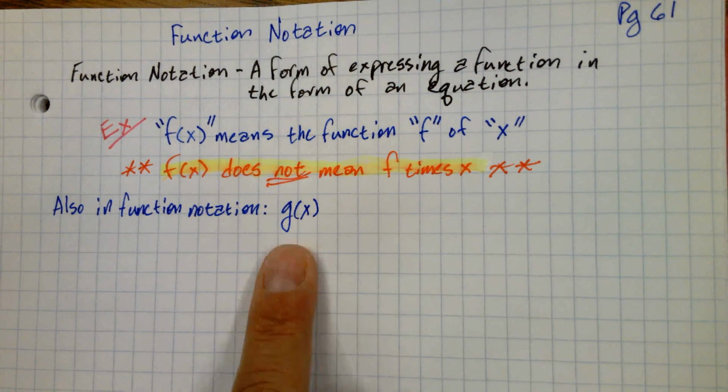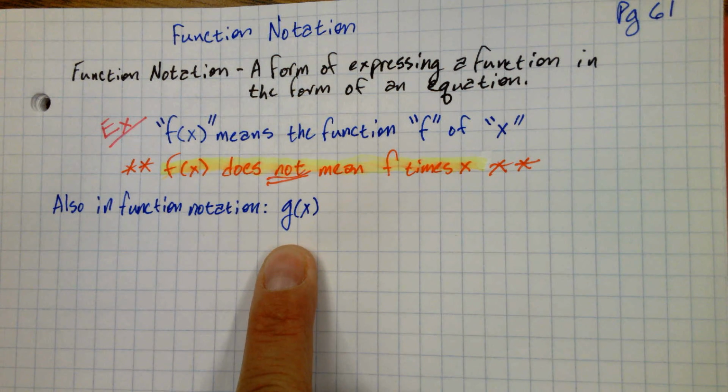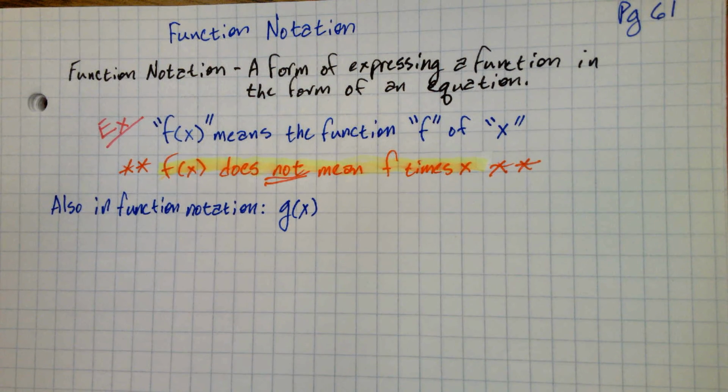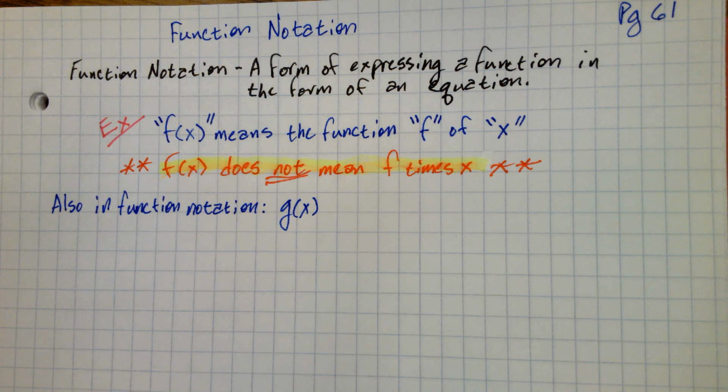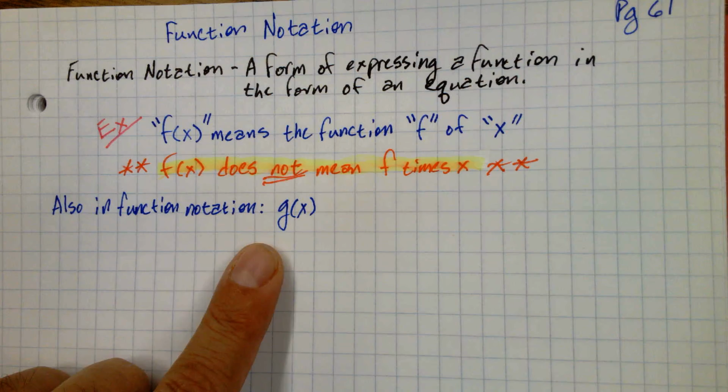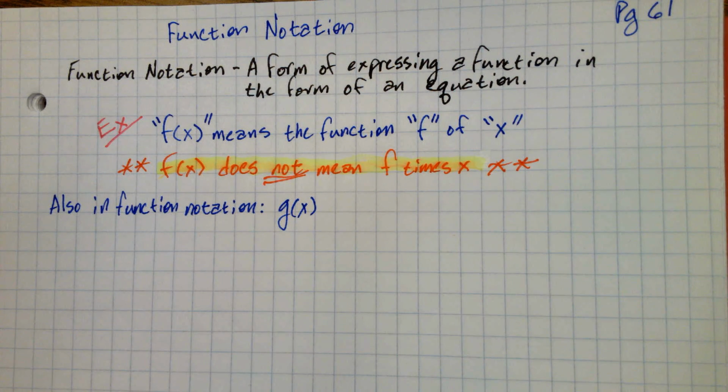Okay, so this one. Everyone say it with me, please. g of x. Okay, we're not saying g times x. We're saying the function g at x. That's all. Why not times x because of the parentheses? Because we're saying we have a function. We're not saying multiply. When you see the whole expression, you'll see why.